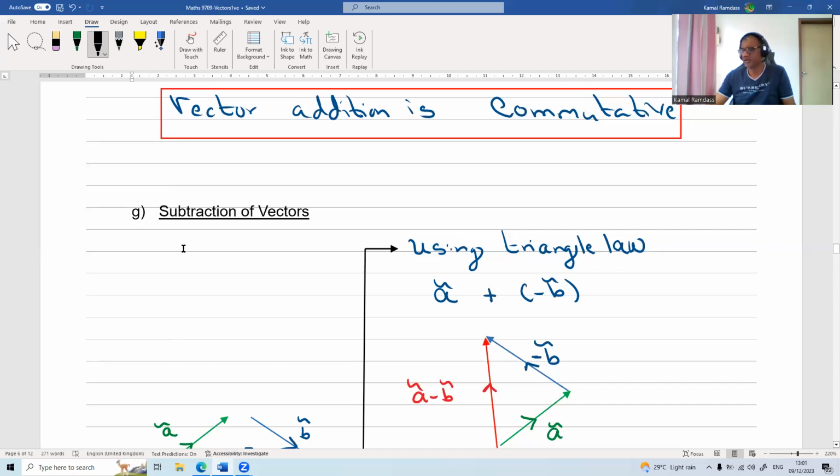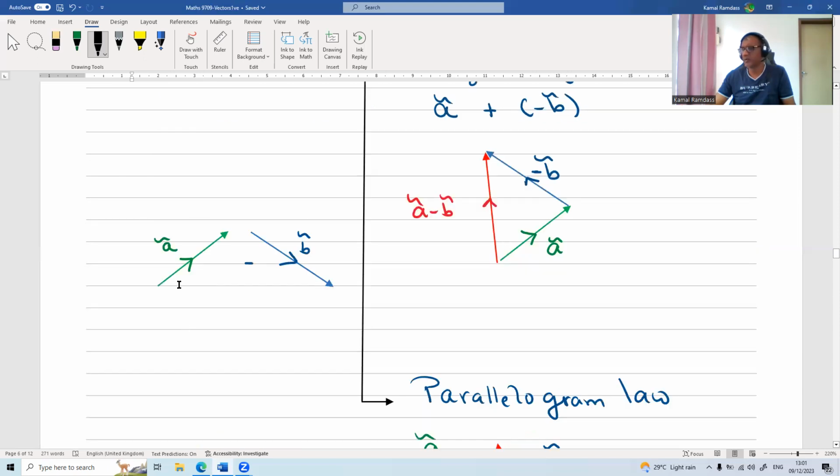And next, we move on to subtraction of vectors. Subtraction of vectors. OK? Here we take A bar, and this is B bar, and we want to remove it: A bar minus B bar. This is what we need to do. We need to reverse this one, B bar, and then add.